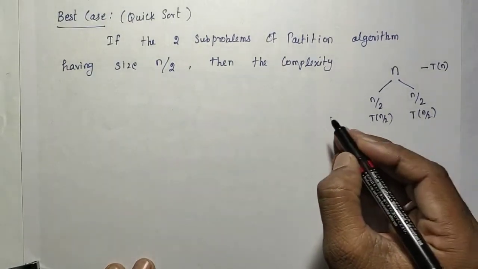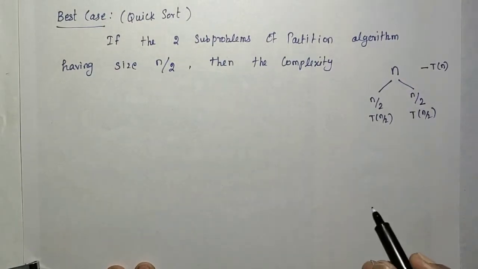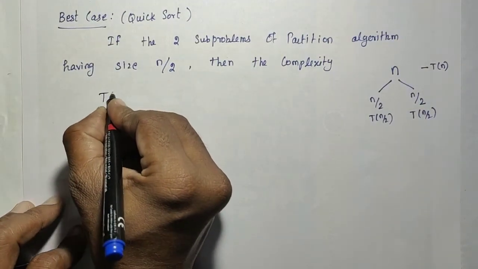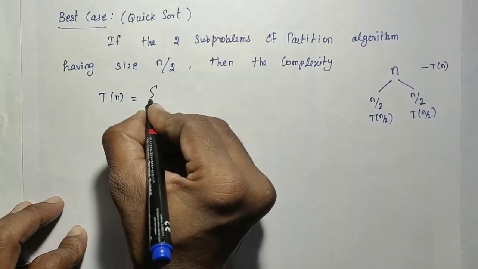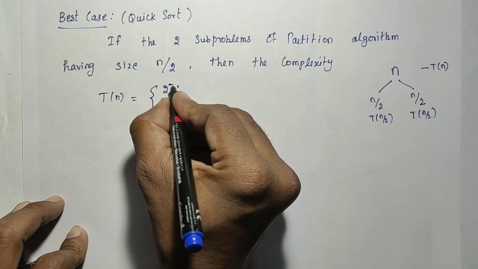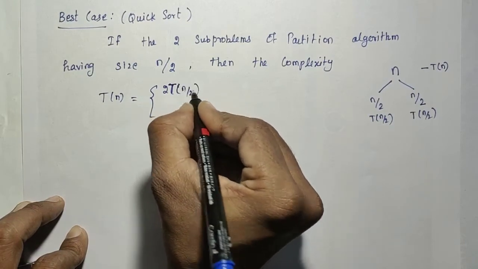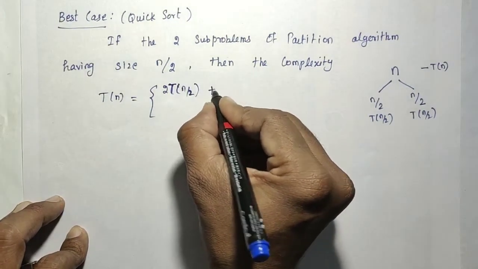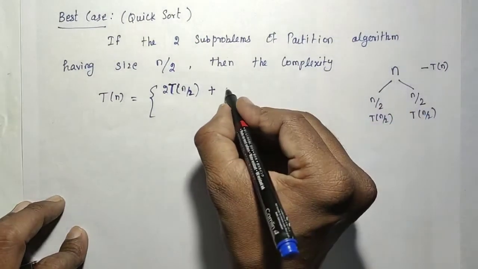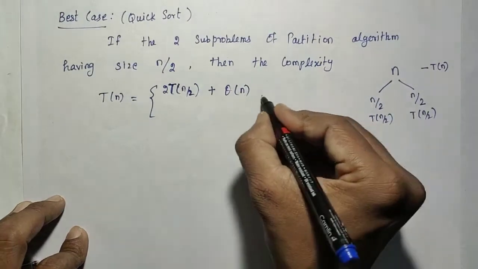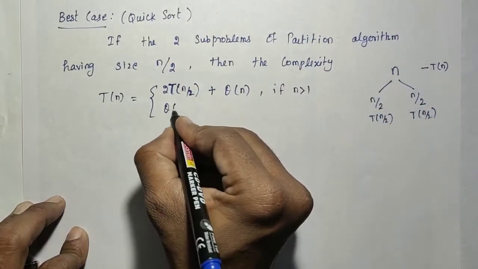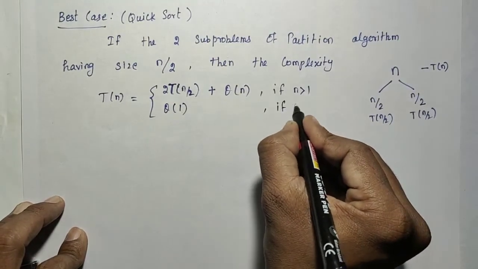So if the split always occurs at the middle position, the complexity of quicksort is T(n) = 2T(n/2) plus the complexity of the partition algorithm, which we already defined as Θ(n) if n is greater than 1, and Θ(1) if n equals 1.